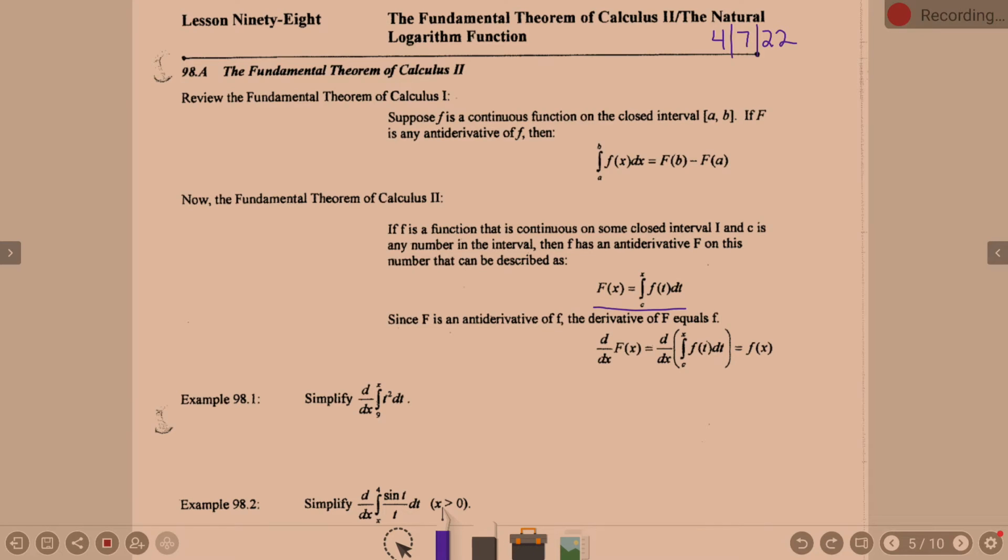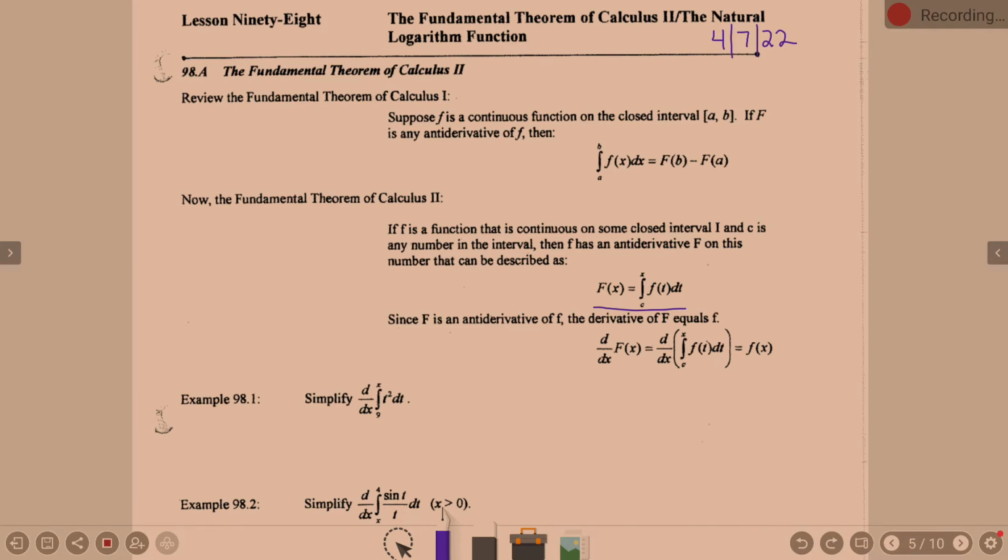So if you do the derivative of an antiderivative, well, that just takes you back to the regular f, right? So if we do the derivative of this integral, well, the derivative and the integral basically cancel each other out, and it's just equal to the function. And what ends up happening is it's equal to the function evaluated at that variable up top there.